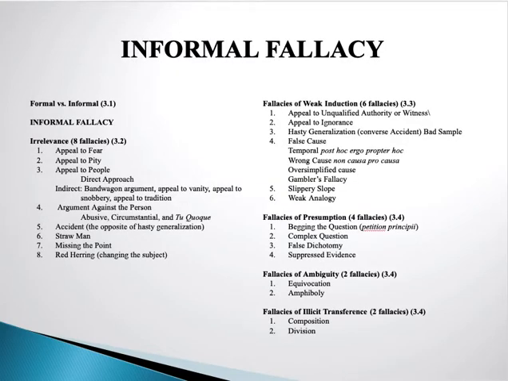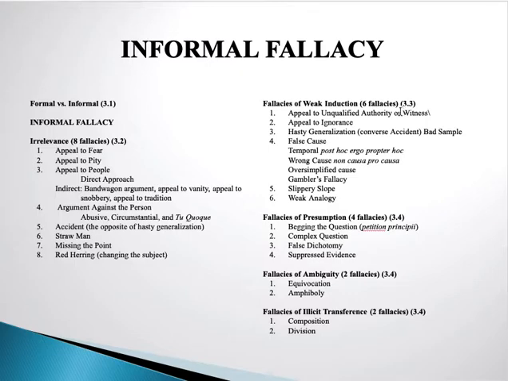Before I get into section 3.1 and 3.2, let me give you an overview of the whole chapter. There are 22 informal fallacies overall. They are divided into different sections. So we have first the fallacies of irrelevance, second, the fallacies of weak induction.